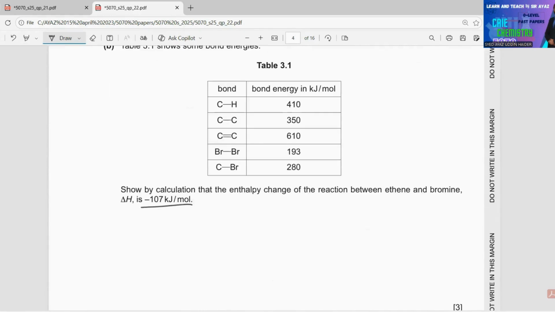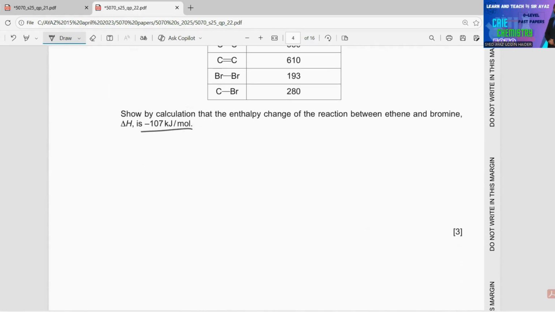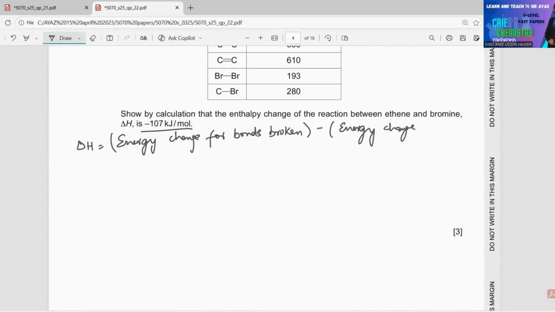So we know the equation. In order to find the delta H, it is the energy change for bonds broken minus the energy change when bonds are made.